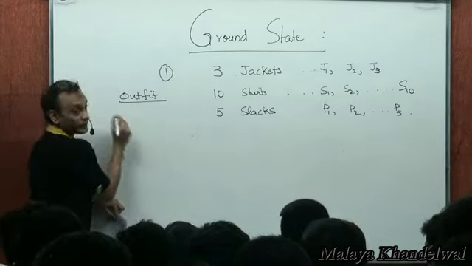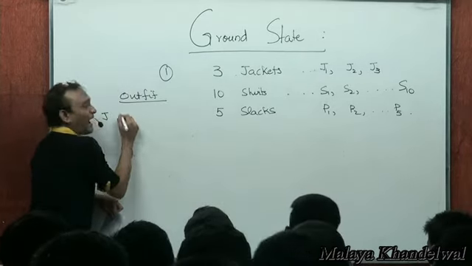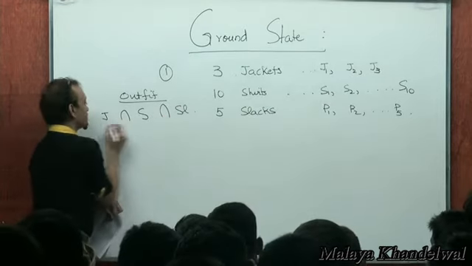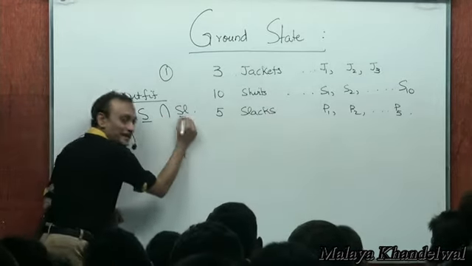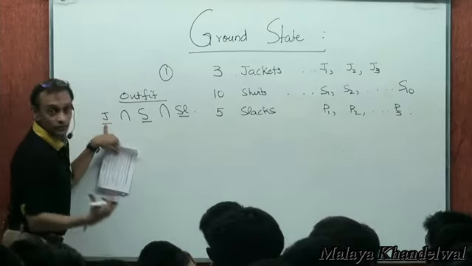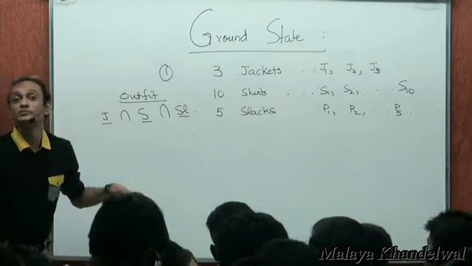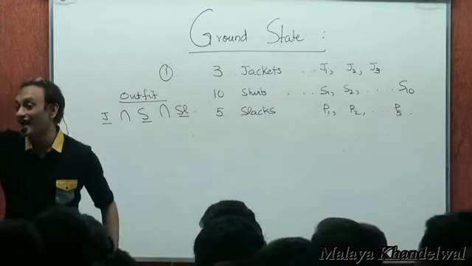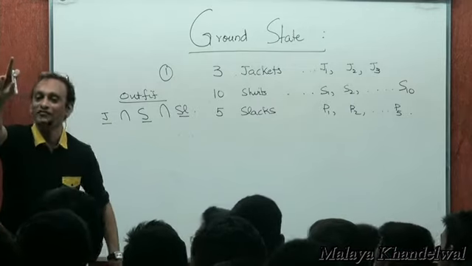So, to create an outfit would have to be a jacket and a shirt and a slack. This is "and", right? A jacket can be worn in 3 ways. It's not like 1 jacket worn in 3 ways. It's like 3 jackets, each being worn in 1 way.